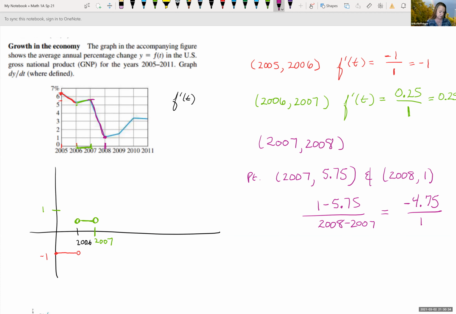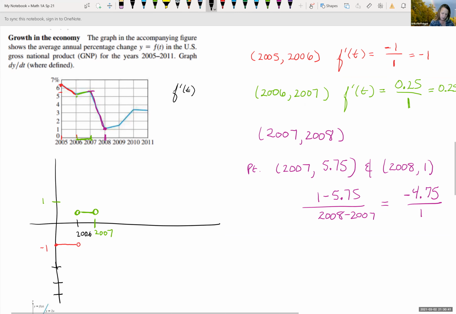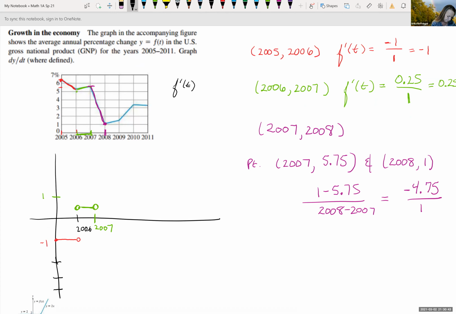This piece of the derivative is going to be a horizontal line at negative 4.75. And we're going to have open circles at 2007 and 2008, and it's going to be a horizontal line.